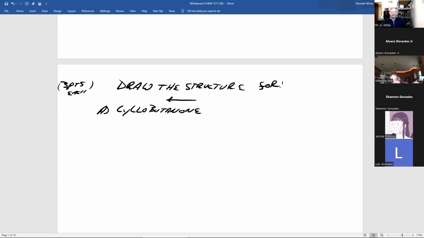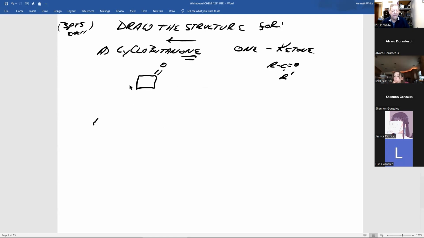You start from the right and move left. ONE ending, ketone. Carbonyl to 2 carbons. If this were an E, cyclobutane, that looks better. 4-membered ring. And you can pick any carbon and it's double bonded to an oxygen. And that would be cyclobutanone. Now, remember, the carbonyl carbon is always number 1, so you don't need a number.